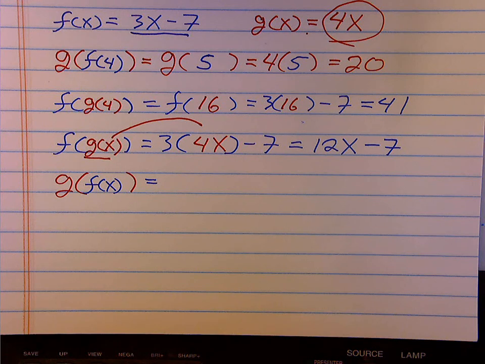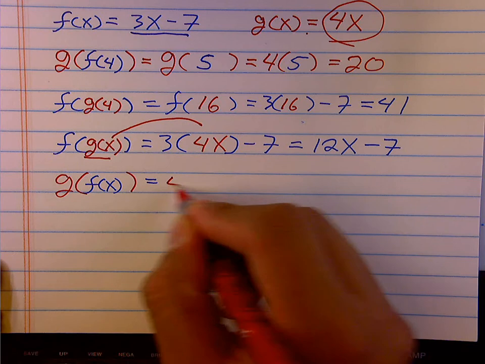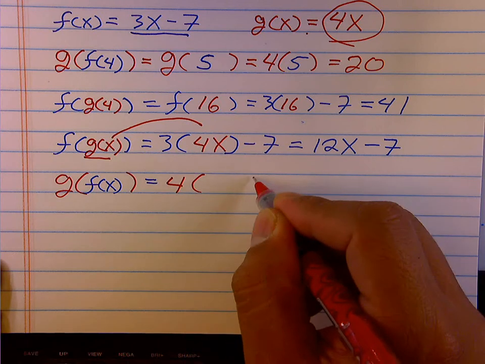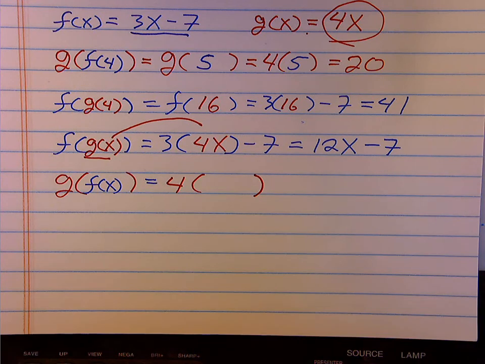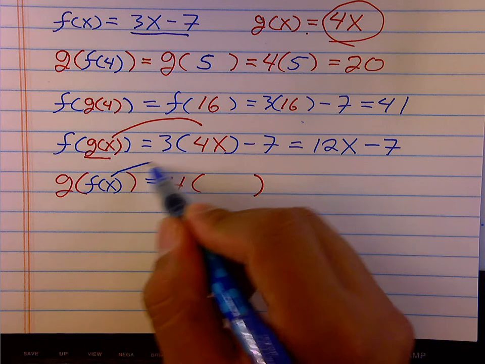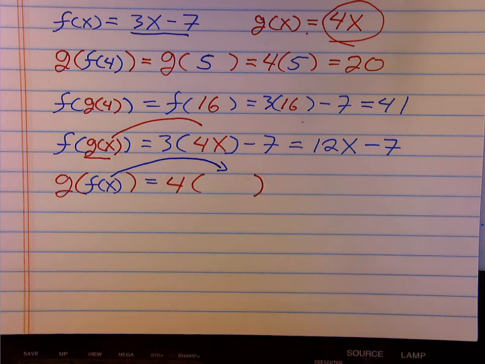I know that ultimately I'm plugging something into g, correct? So we're going to start with what is g. G is 4 times its input value. And what am I going to plug into that input value? The output from f of x.